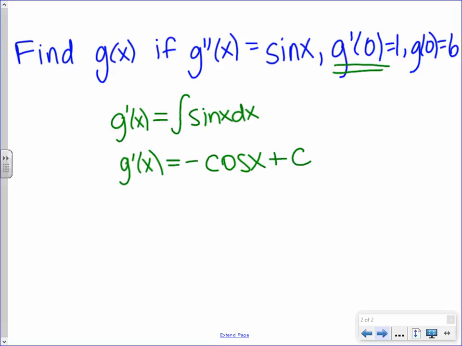So we can figure out what this c value is by plugging in those numbers. If we plug 0 in to our g prime, then we should get the value of 1. Isaac, what is cosine of 0?